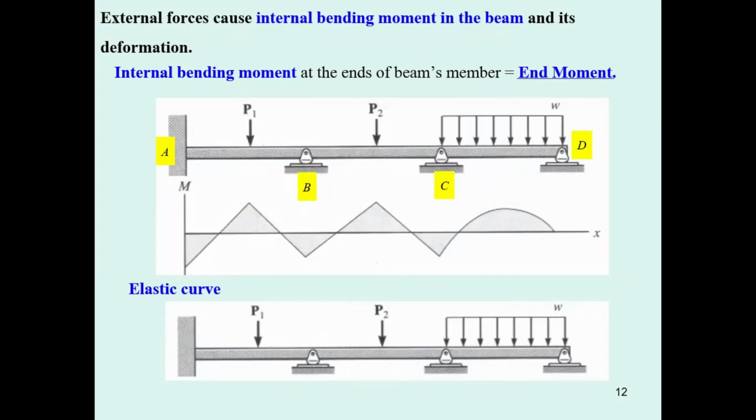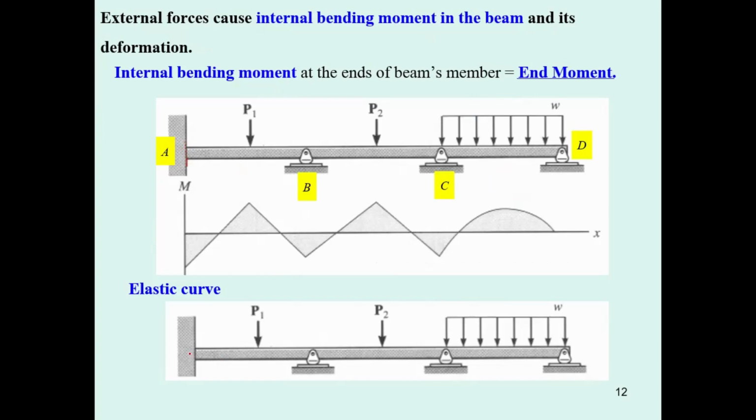I put this slide to review how you draw the elastic curve. When we draw the elastic curve, one important thing you have to consider is the support. This is a fixed support.